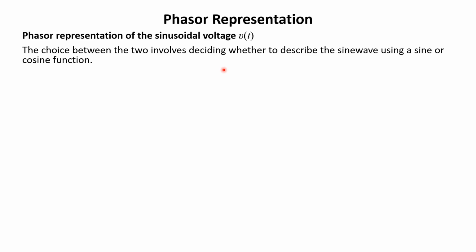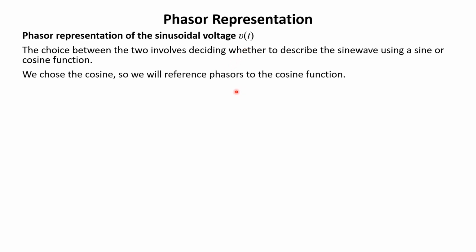We have to choose cosine theta or sine theta to represent the voltage, and this choice is ours. We choose the cosine function as it will facilitate our further calculations and analysis. So we choose the real part, which is cosine theta, to represent a voltage expressed in the time domain.